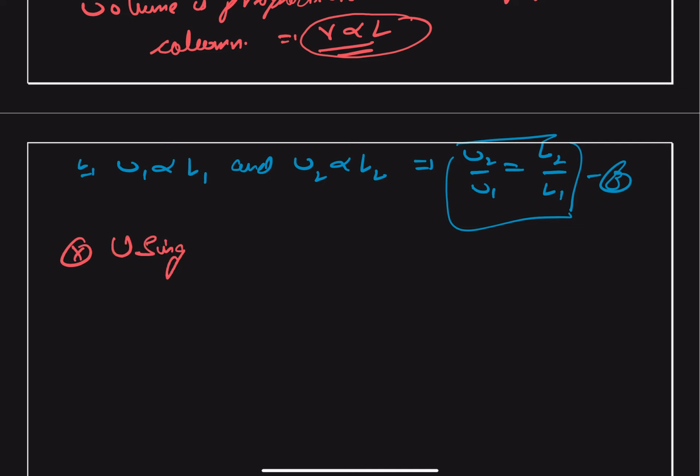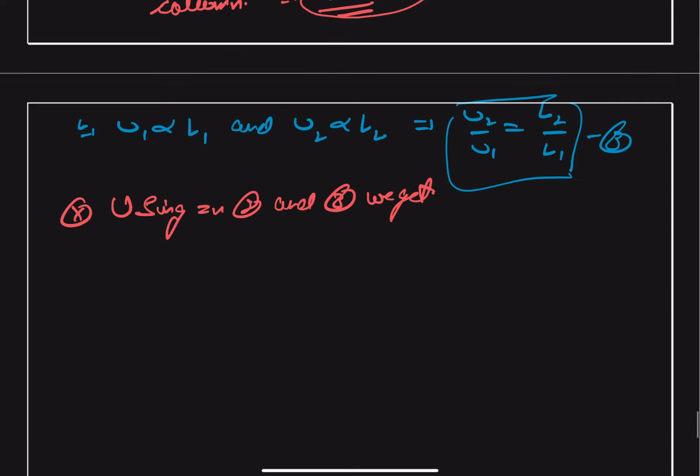Using equation 2 and 3, we get T1 upon T2 is equal to L2 upon L1 raised to gamma minus 1, and the value of gamma we already know is 5/3.